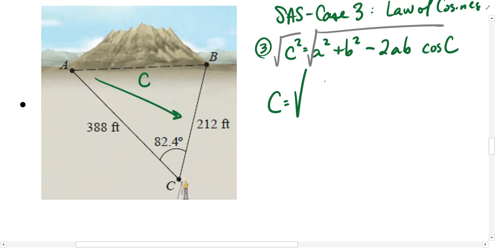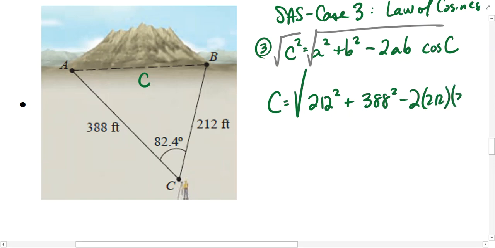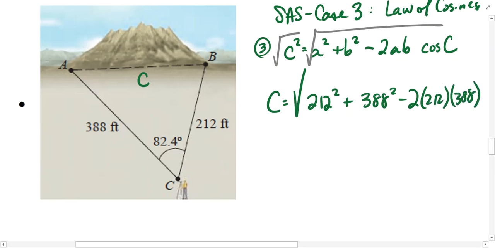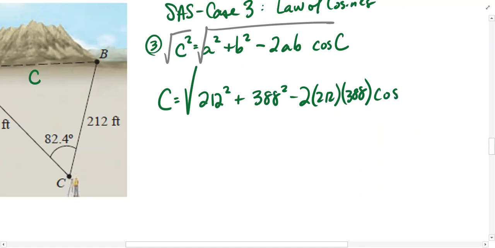A squared is 212 squared, plus b squared. Now b is 388, minus 2 times 212 times 388 times cosine of angle C. Now angle C was provided at 82.4 degrees.